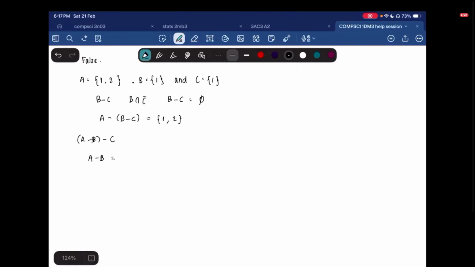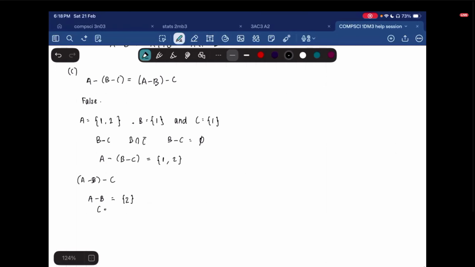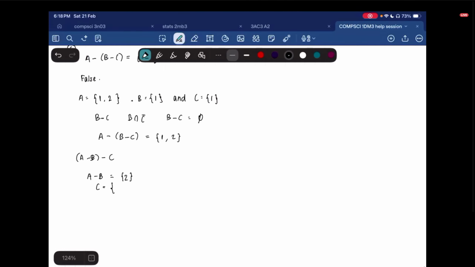A minus B is just {2}. And then C is equal to {1}.